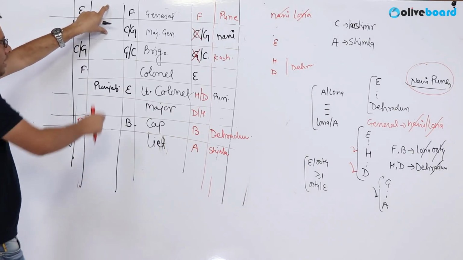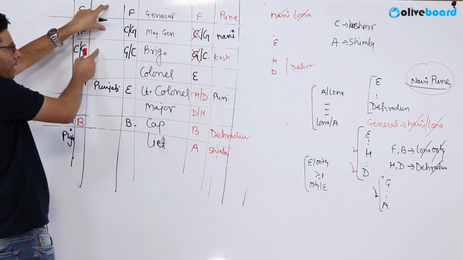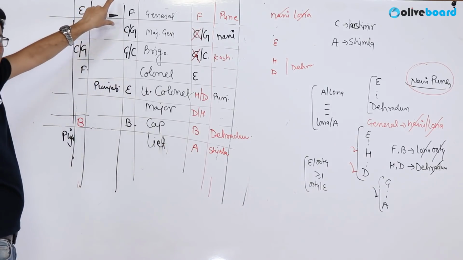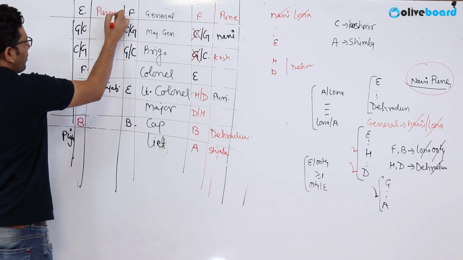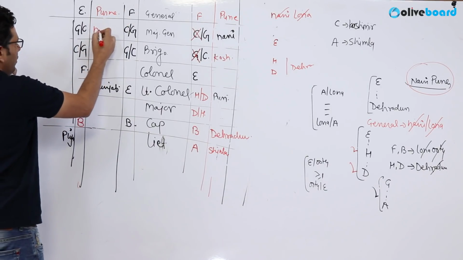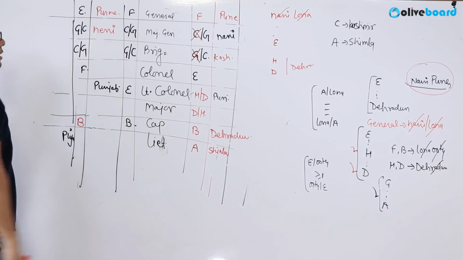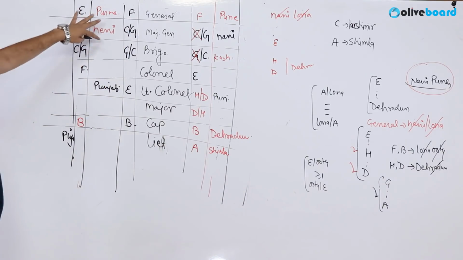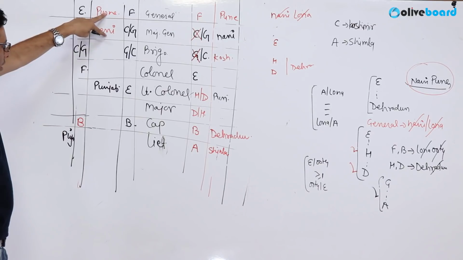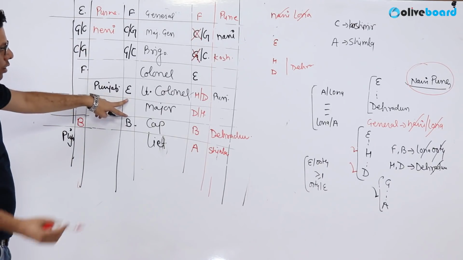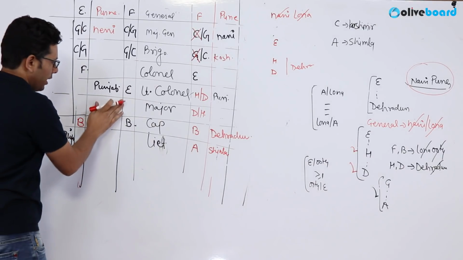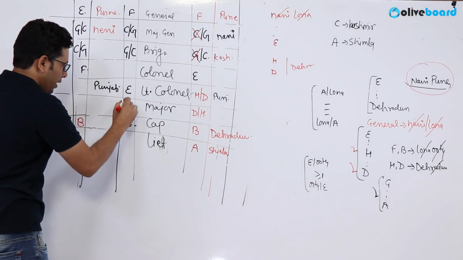Pune and Nainital, then if I pick the Pune Nainital here, by default this would get arranged. So let me have Pune and Nainital here. If I put the Pune and Nainital here, then the data we have is that E is above H and D, so your H and D would be here.